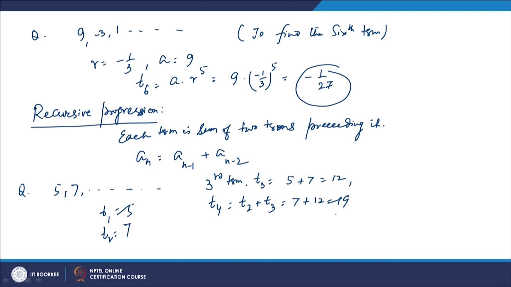So it will be 19. Similarly, T 5 will be T 3 plus T 4. T 3 we have got as 12 and T 4 is 19, so it will be 31. Similarly, T 6 will be 50, and this way it will go on. Such kind of progressions where you find these values are known as the recursive progressions.